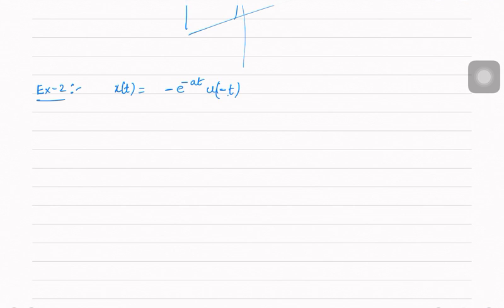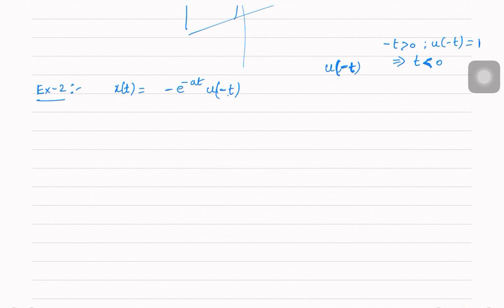How does u of minus t look? The term inside the bracket, if it is greater than 0, so minus t greater than 0 implies t less than 0. When minus t is greater than 0, u of minus t will be equal to 1. So u of minus t equals 1 when t is less than 0.